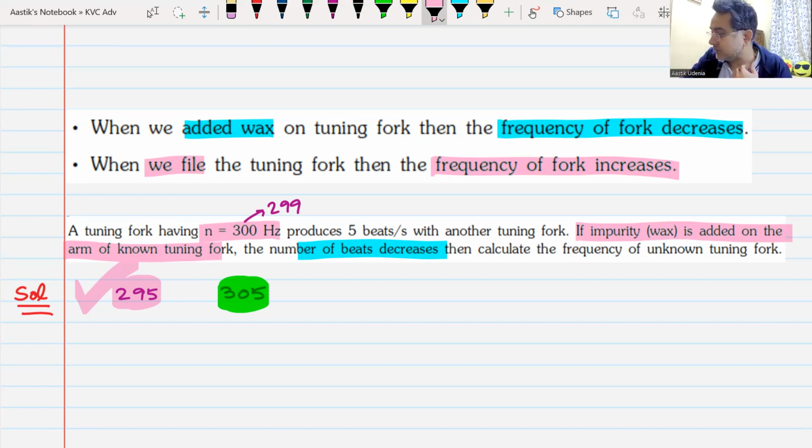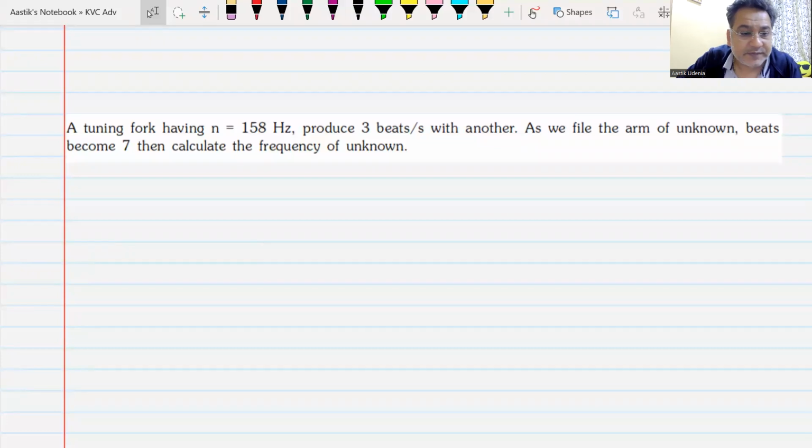Yes, sir. One more. I'll give you one or two more so that you understand the basic phenomenon. If there is a question on beats, it may come of this type. A tuning fork having frequency 158 hertz produces 3 beats per second with another.